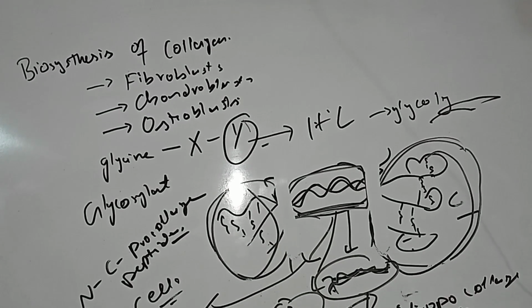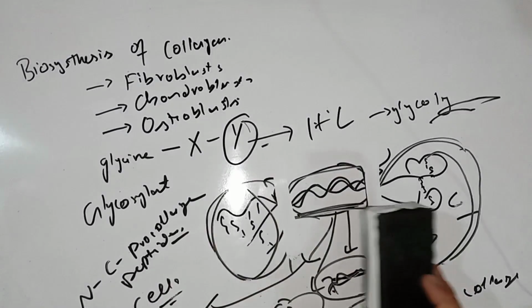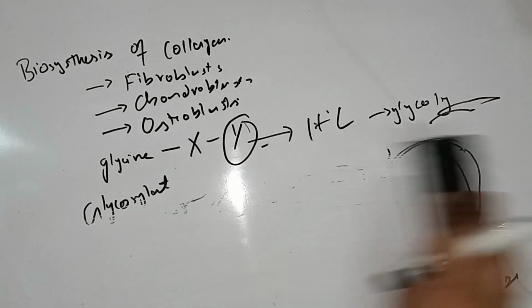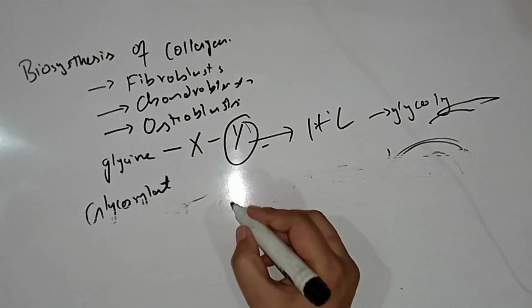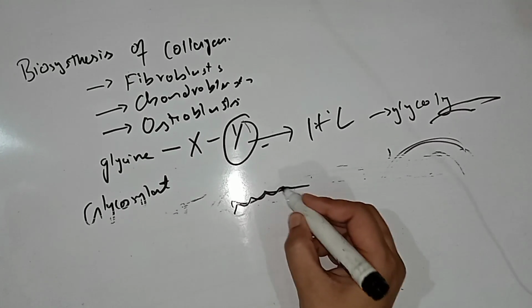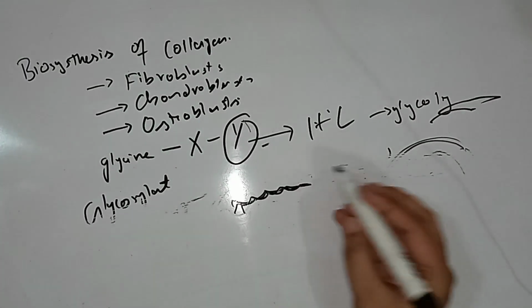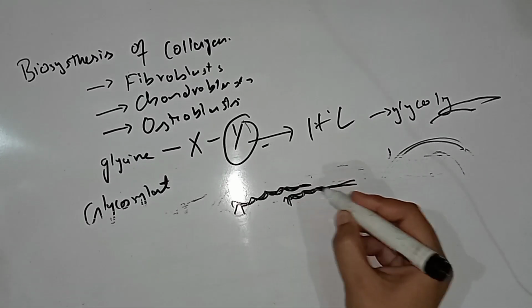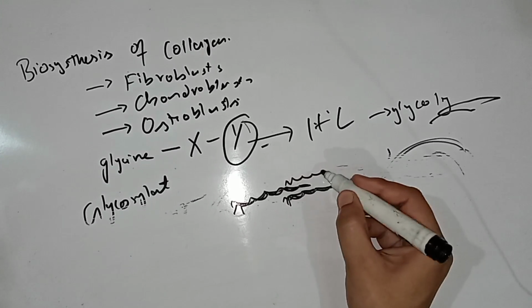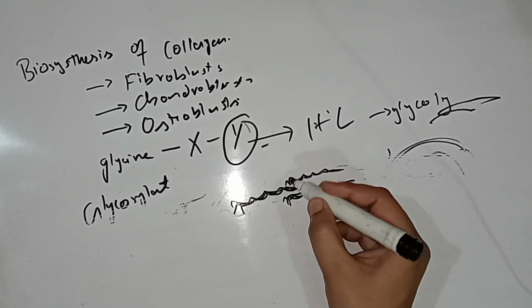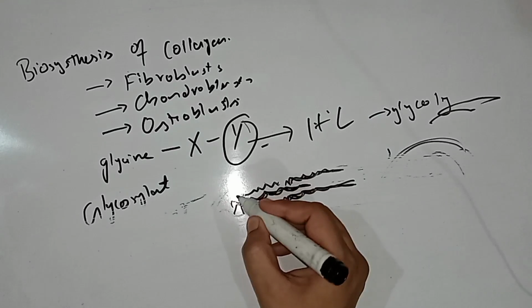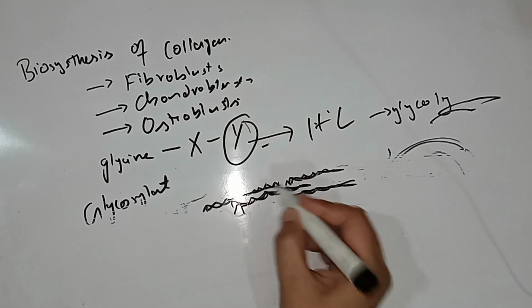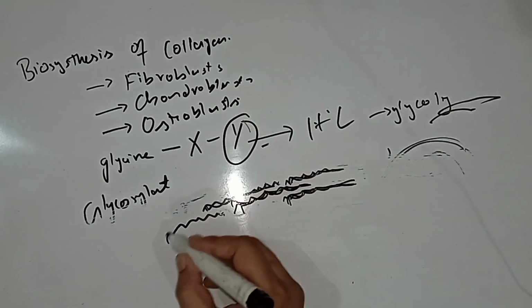Then these tropocollagen molecules arrange themselves in the form of fibrils. Tropocollagen molecules form the fibrils by overlapping. For example, now this is a tropocollagen molecule. Another tropocollagen molecule comes here and overlaps it. Another comes here and overlaps it, and again another.